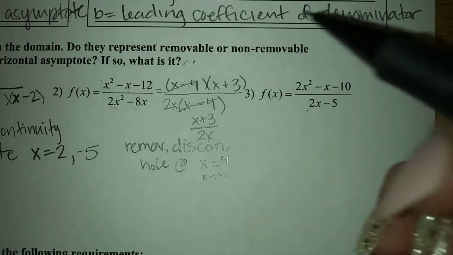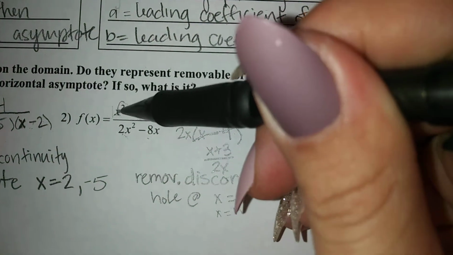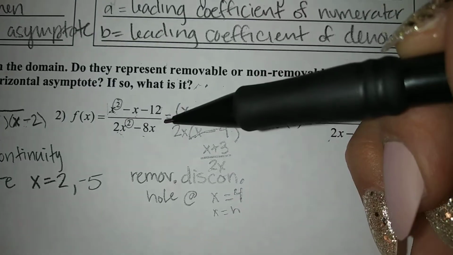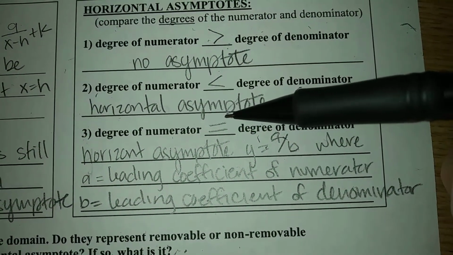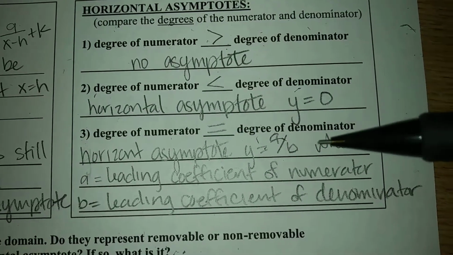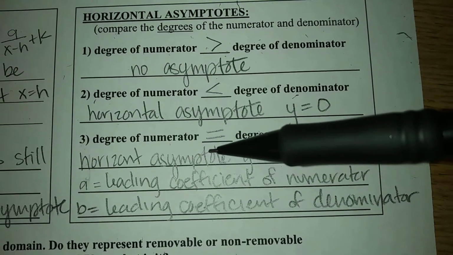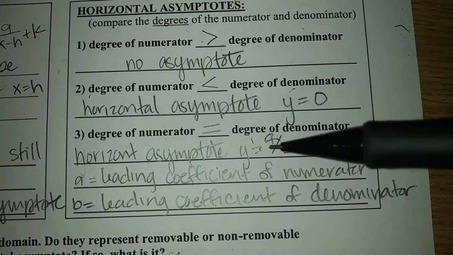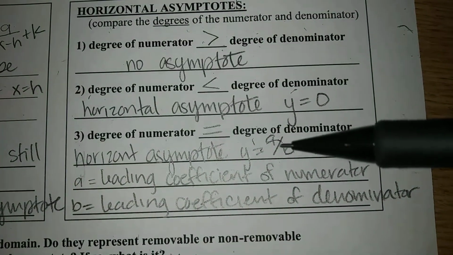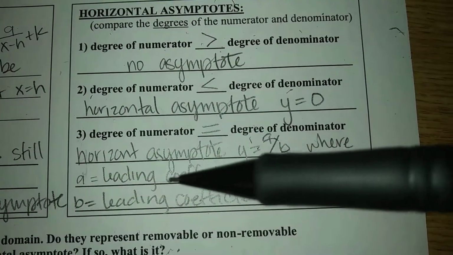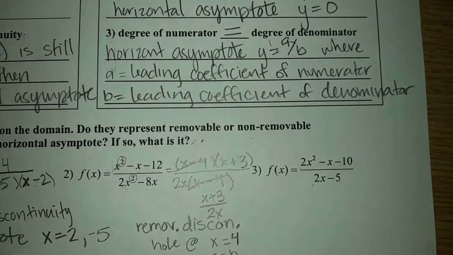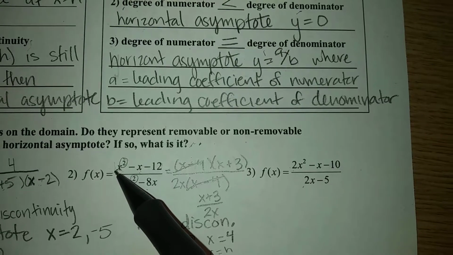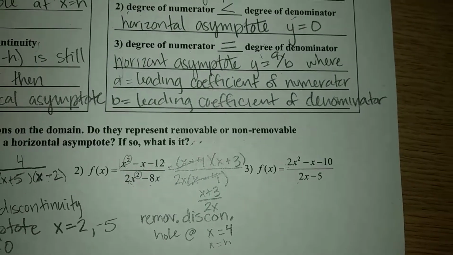I see that my degree in the numerator is 2, but so is my denominator. So I'm going to look to degree of numerator equals degree of denominator. And in order to find my horizontal asymptote, I will have to divide a over b. So a is the leading coefficient of the numerator. When I look at my numerator, I see my leading coefficient is 1.